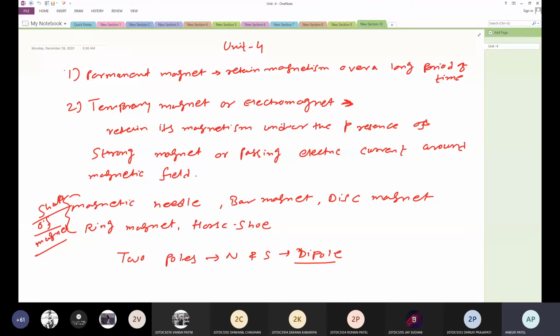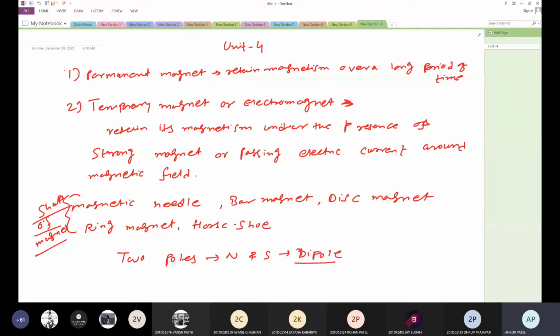The poles are labeled correspondingly as north and south. The lines of force move from the north pole to the south pole. Like poles repel and unlike poles attract each other. These are the properties of magnets.